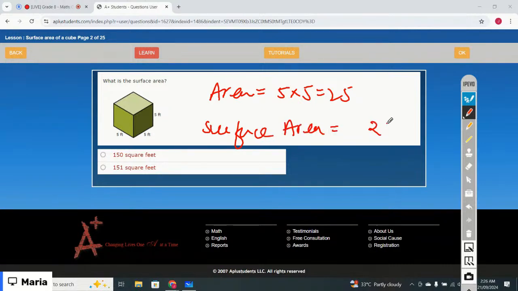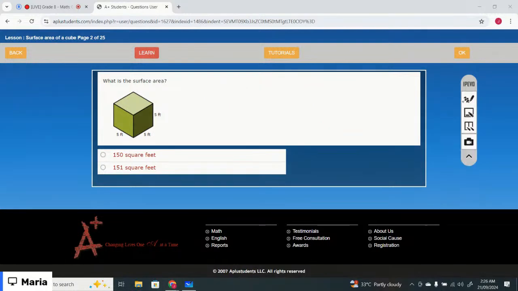That would be the surface area. 6 times 5 is 30. That is 150 square feet. Option number 1 is the correct option.